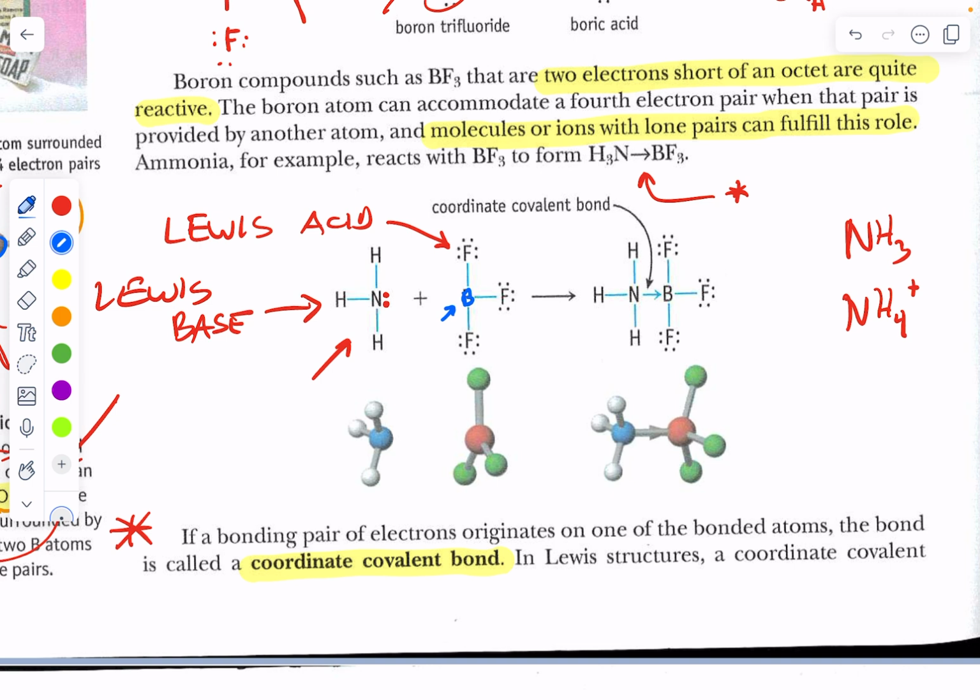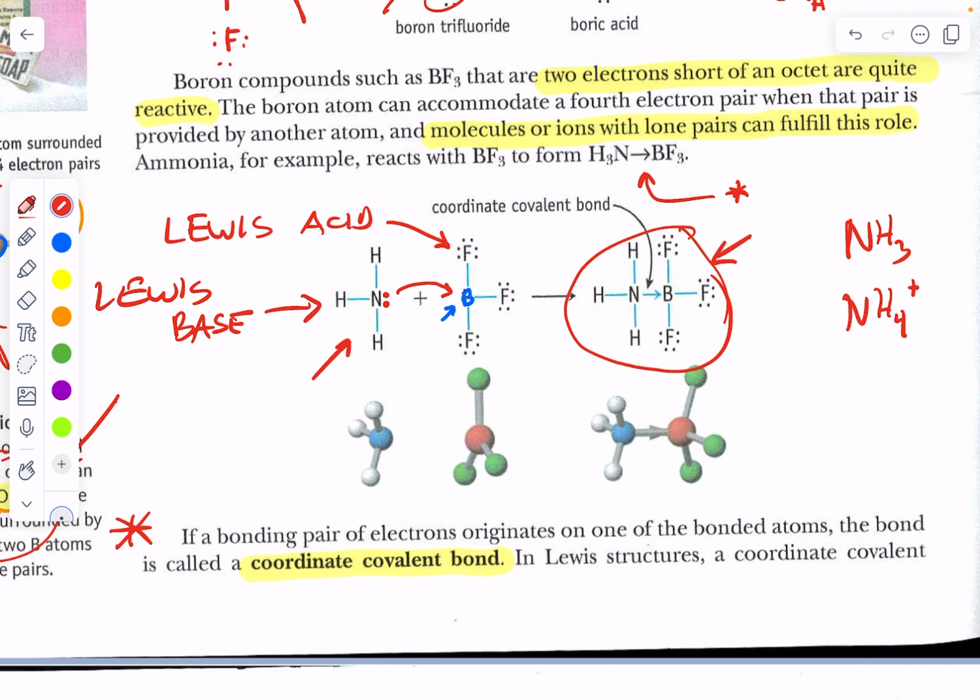Well, as you might guess, if you have a pair of electrons and you share it with an atom like boron that's missing a pair of electrons, now when you come over to this structure over here, now both your nitrogen and your boron have an octet. Now we have a special name for what happens when you share a pair of electrons.